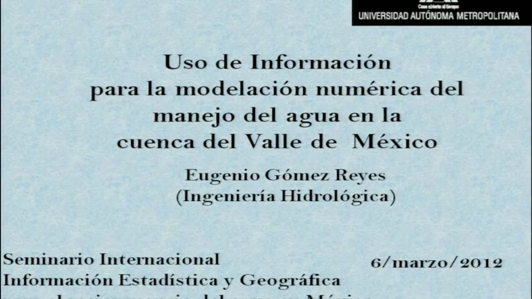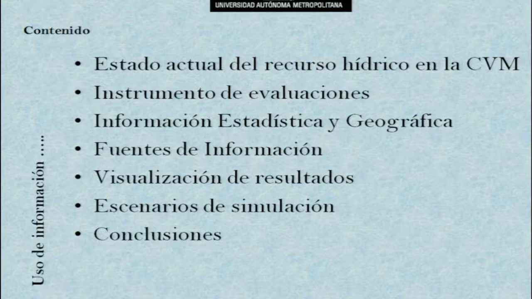What we will see in the first place is the present status of the water resource in the basin of the Valley of Mexico, and the need to carry out assessments and measurements and obtain the information needed, and the sources of information, as well as the visualization of these results and the different scenarios we produce with this information.